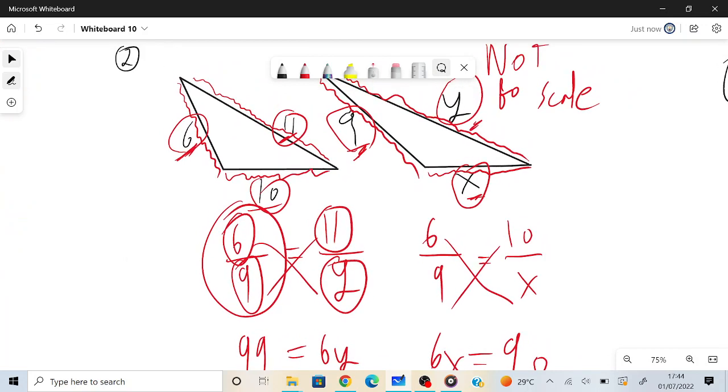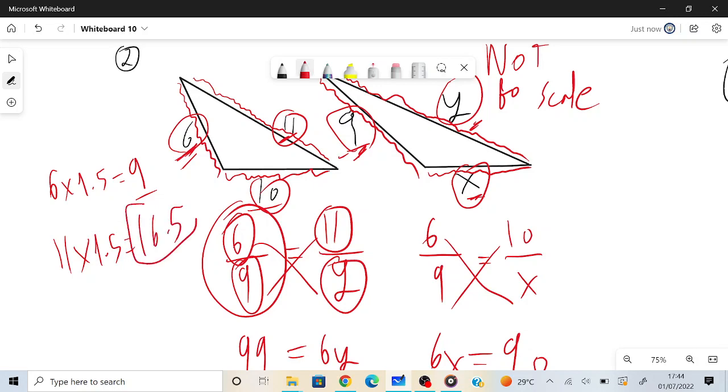Now if you want to check it again, we can see how we can check it. To go from 6 to 9, we had to times it by 1.5 again. So 6 times 1.5 would have given me 9. So in order to get y, we must have done 11 times 1.5, and that would give me 16.5, which I think I got as my y.